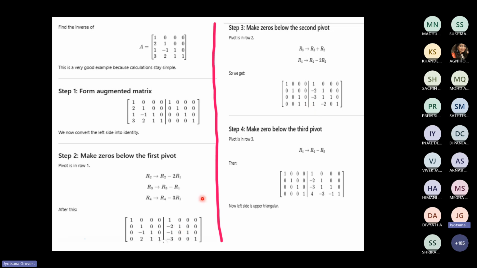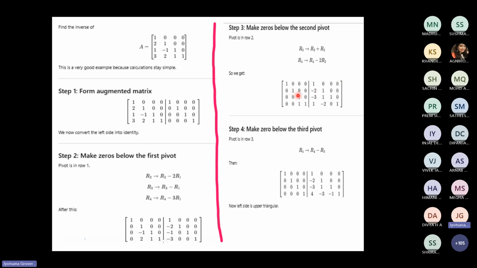Then 0 minus 2 into 1 is minus 2. 0 minus 2 into 0 is 0. 1 minus 2 into 0 is 0. So you got this.